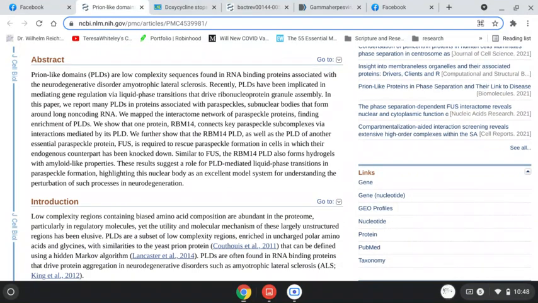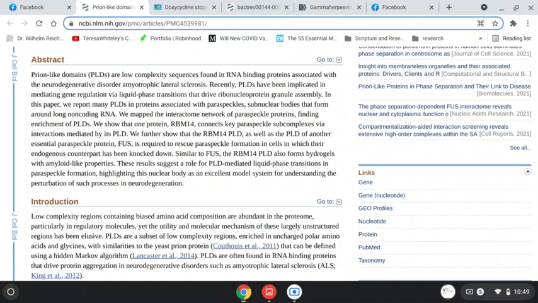In this paper, we reported many PLDs in proteins associated with paraspeckles, subnuclear bodies that form around long non-coding RNA. We mapped the interactome network of paraspeckle proteins, finding enrichment of PLDs.